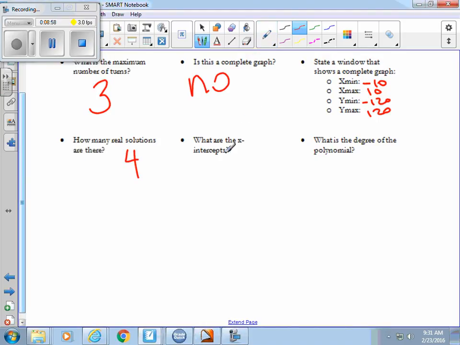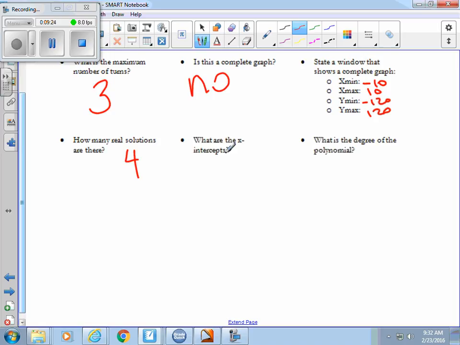So what are they? Well, now we need to find out how to find x-intercepts. What are some options for doing that? Set it equal to 0. Can I do that from the graphing screen? How? There are actually 2 ways. One that you probably have as a favorite that we use a lot.